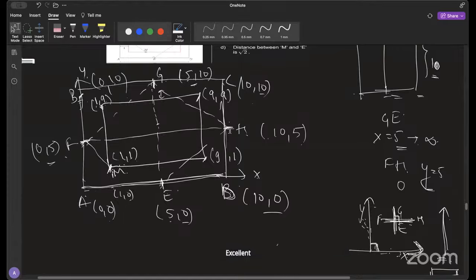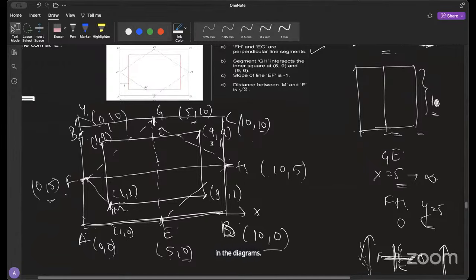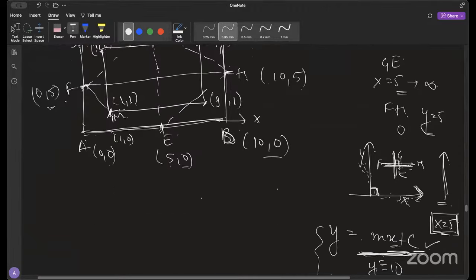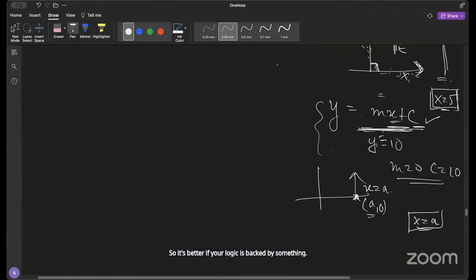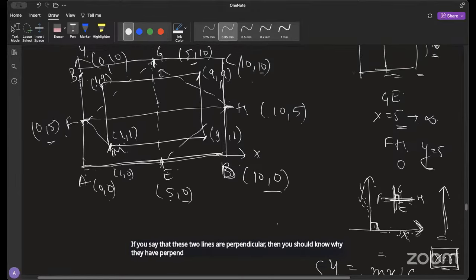Sometimes lines do look perpendicular to each other in the diagrams, but they are not. So it's better if your logic is backed by something. If you say that these two lines are perpendicular, then you should know why they are perpendicular.